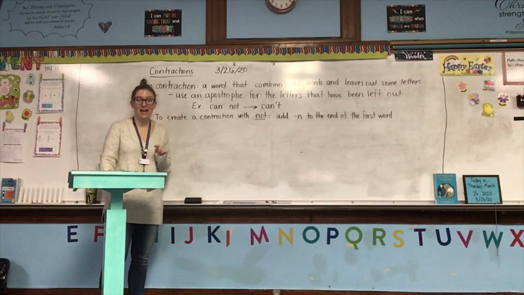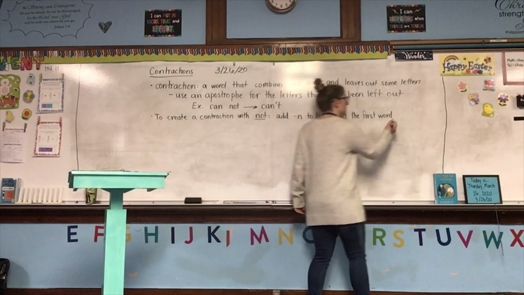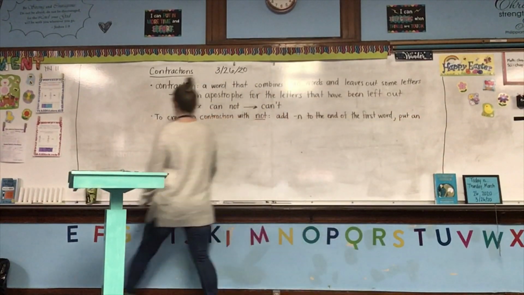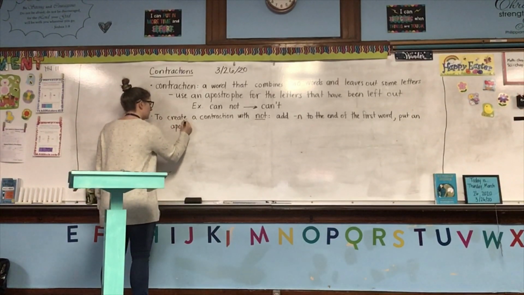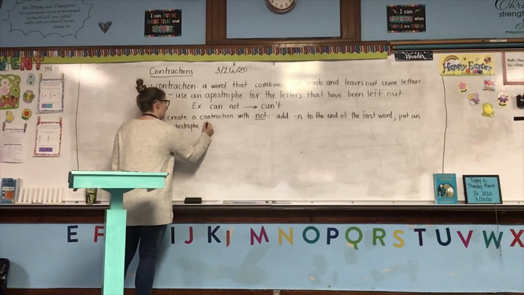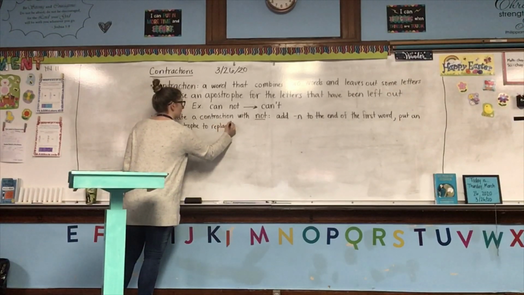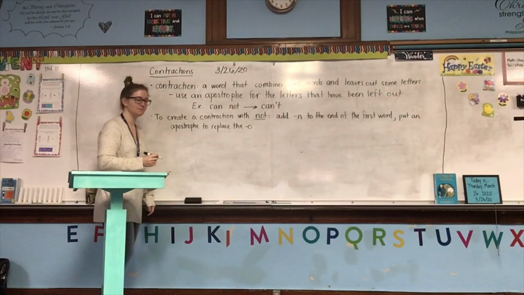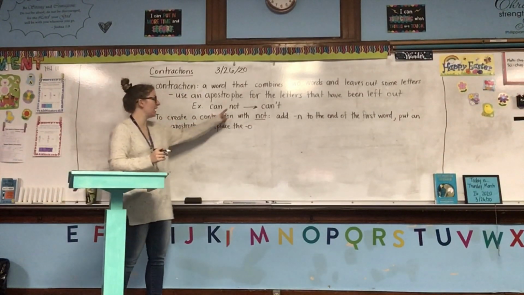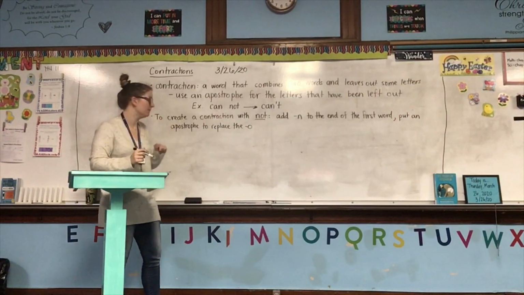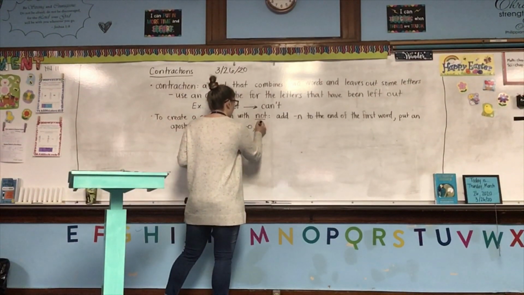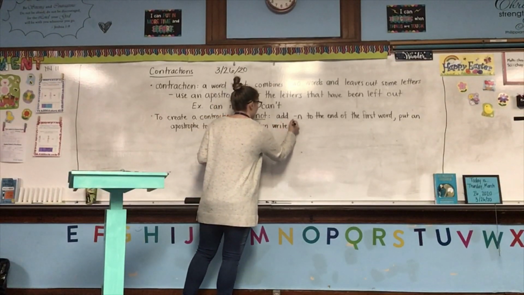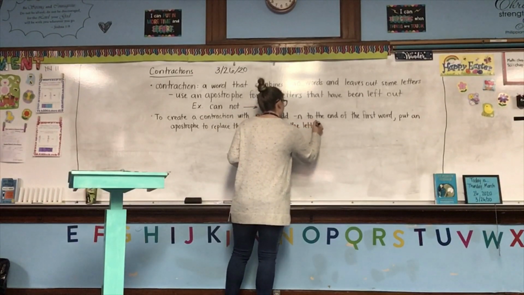So you add the letter N to the end of the first word, then you put an apostrophe to replace the O, the letter O in not, or sometimes the N and the O if your first word ends with N. Then write the letter T. Okay?